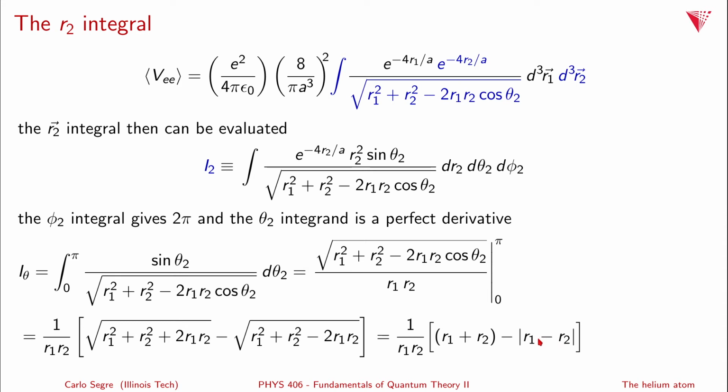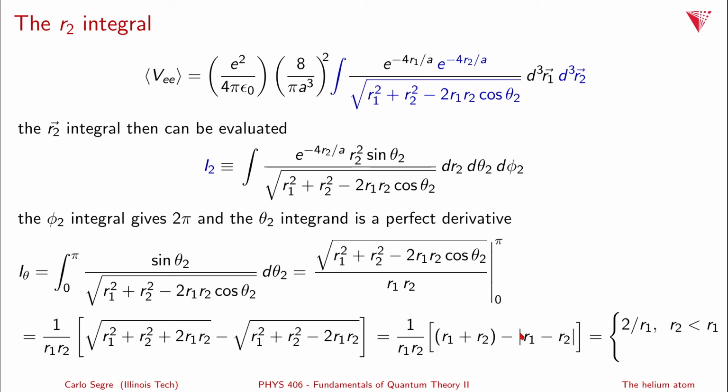And so you actually have 2 regimes under which this integral can be evaluated. The first regime is r1 greater than r2. So if r1 is greater than r2, then you get a minus here.